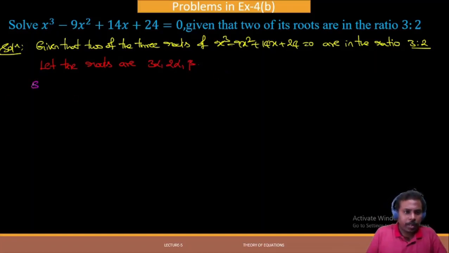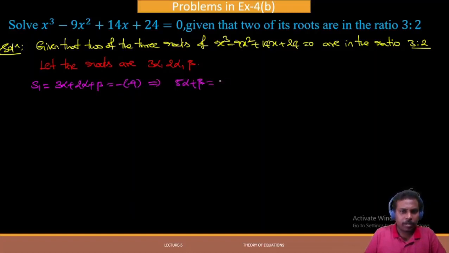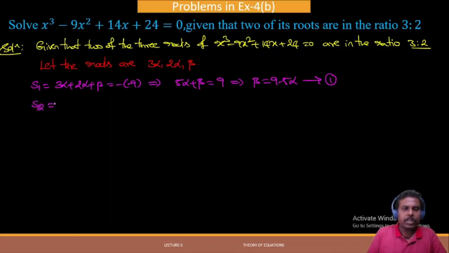So let me write what is my S1. S1 is 3 alpha plus 2 alpha plus beta, that is equal to minus of minus 9, which implies 5 alpha plus beta is equal to 9, which implies beta is equal to 9 minus 5 alpha. Call it equation 1. Now let me find out S2.